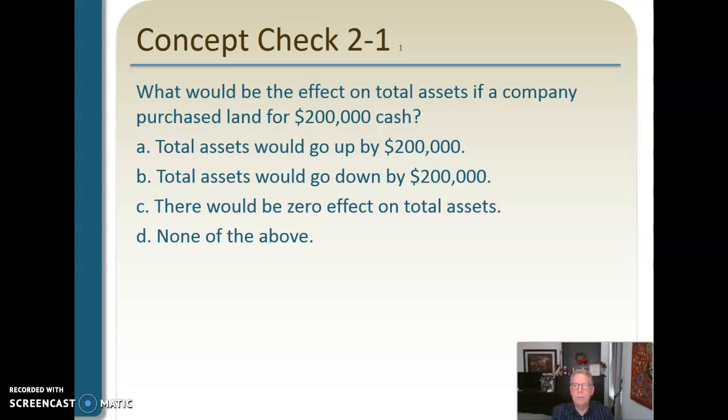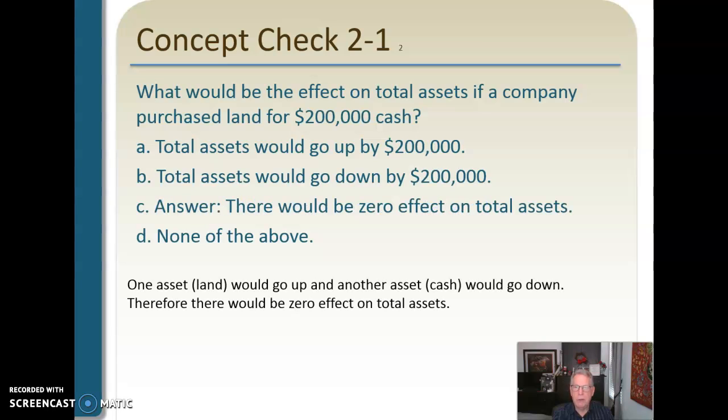All right. What would be the effect on total assets if a company purchased land for $200,000 in cash? If you answered C, land is going to go up, cash is going to go down. Both of them are assets, so the effect on total assets would be 0.